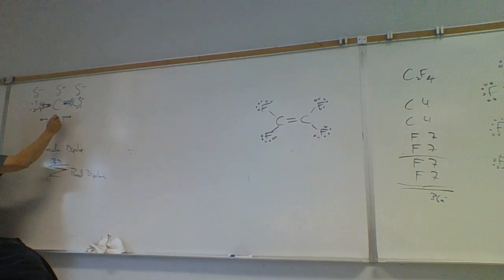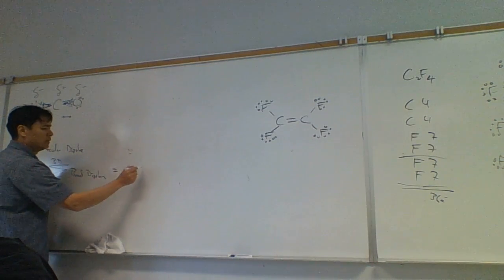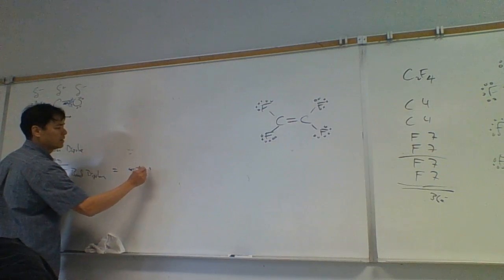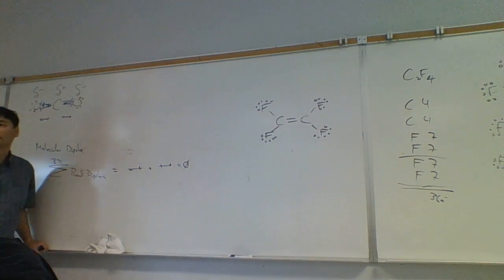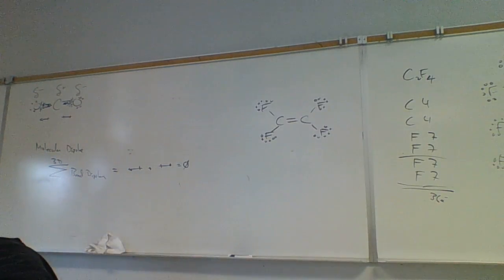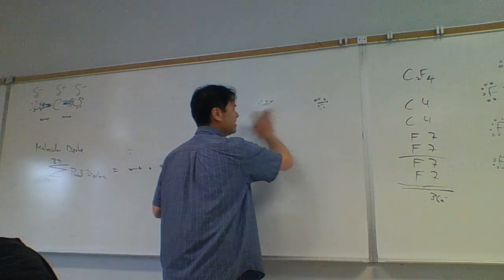This is another way of representing the dipole: an arrow. The arrow points at the negative charge and it has a positive tail. These arrows are equal and opposite, so they cancel each other out. We take this bond dipole plus this bond dipole, and we end up with 0. It's a case where they cancel out.